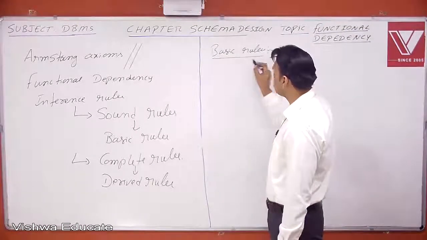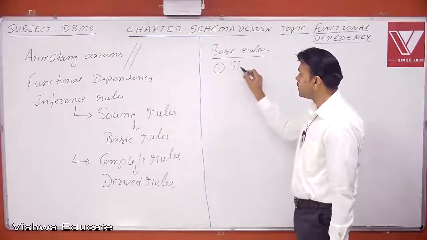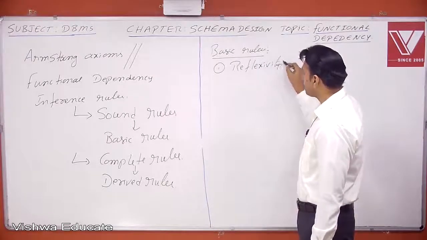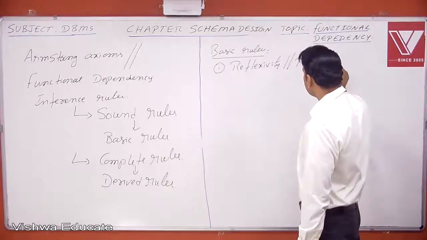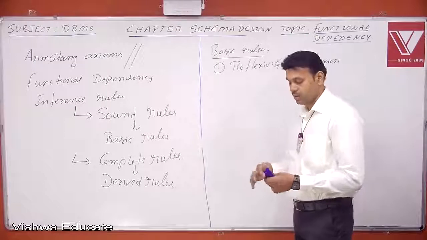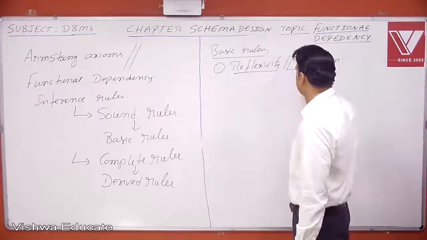The first one is reflexivity. This is also known as reflection. What is a reflection? Let us see the rule first.